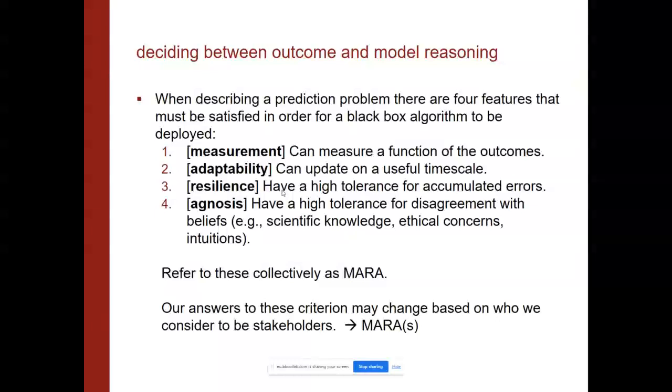So we've augmented MARA to have an S. It's a function of the stakeholders. Different sets of stakeholders might have different concerns. I'm talking both about primary stakeholders, the ones who are actually deploying the algorithm, and secondary stakeholders, the ones that could be affected by the algorithm. Depending on who we include in those categories, a machine learning algorithm or outcome reasoning may or may not be appropriate to use, and that can change depending on who's there.